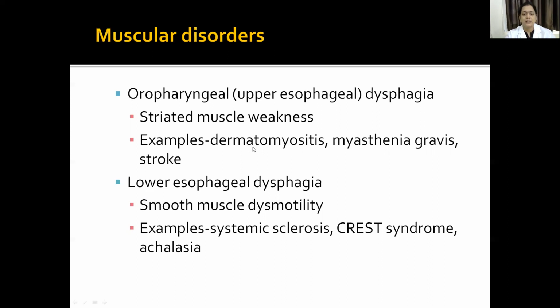So what are the examples here? Dermatomyositis, myasthenia gravis, and stroke can lead to upper esophageal dysphagia, and lower esophageal dysphagia is a smooth muscle dysmotility, which can be caused by systemic sclerosis, Sjogren syndrome, and achalasia.